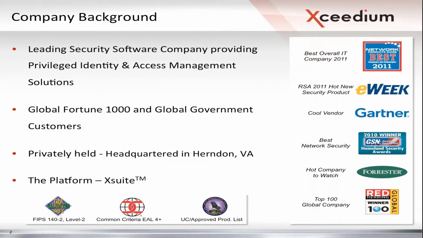Xceedium is a software company that provides what we call privilege identity and access management solutions. One of the key pieces of information there is the privilege piece, and we'll spend a little more time on that. Our customers are decidedly mid to large size organizations, kind of the Fortune 500, Global 2000, Global 5000 size.